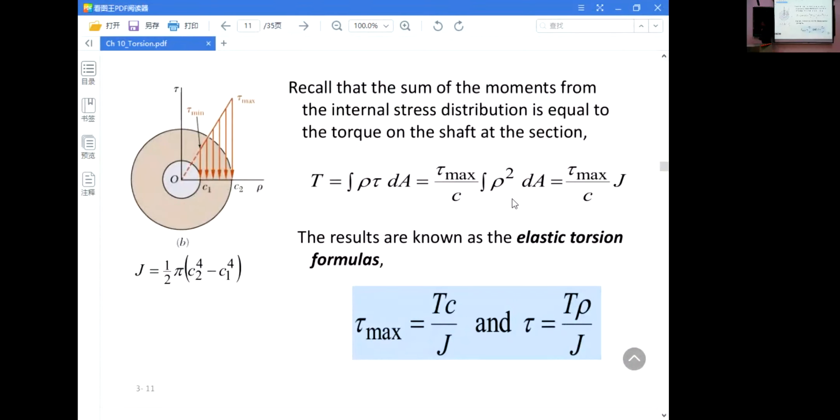This is Hooke's law. What is it? It's the integration of G rho squared, rho squared dA. Yes, sir.